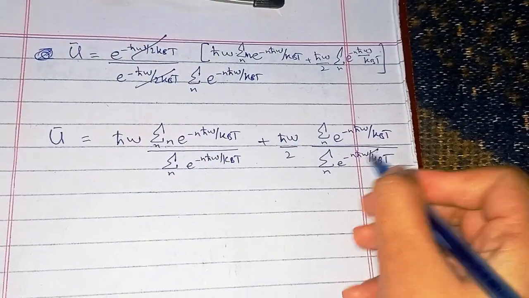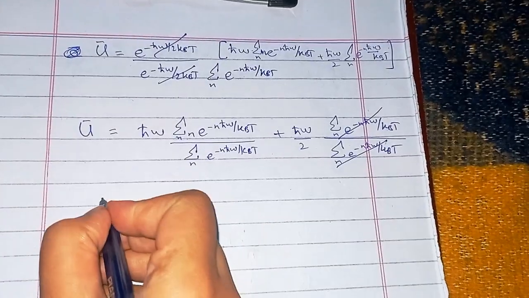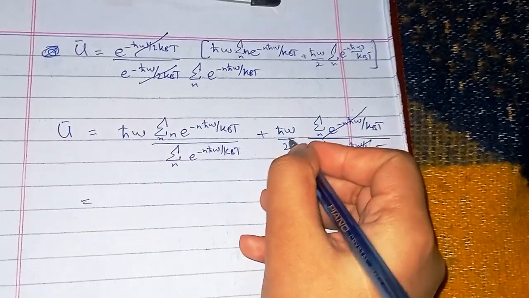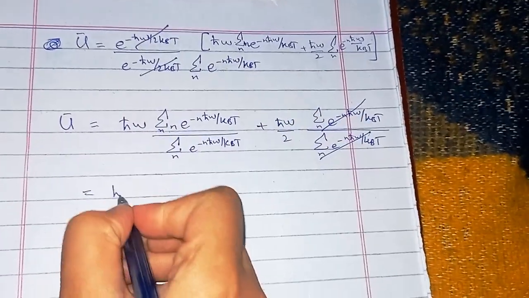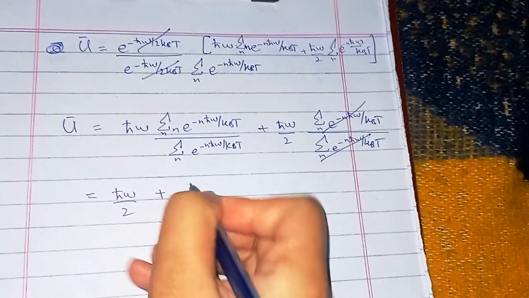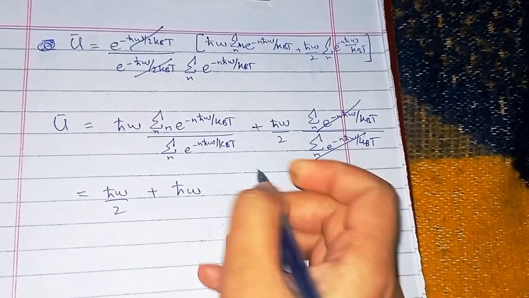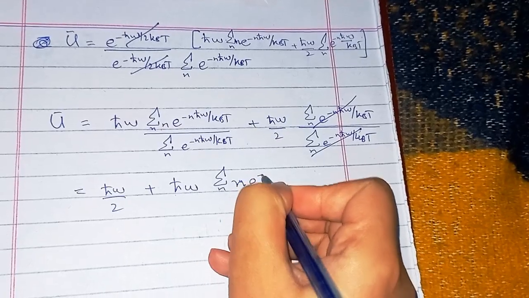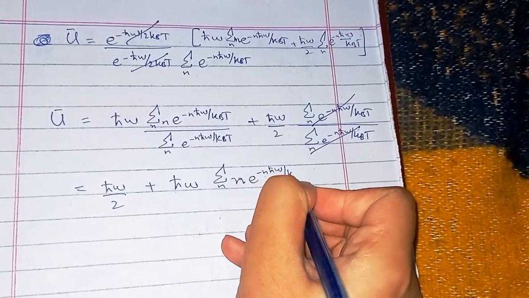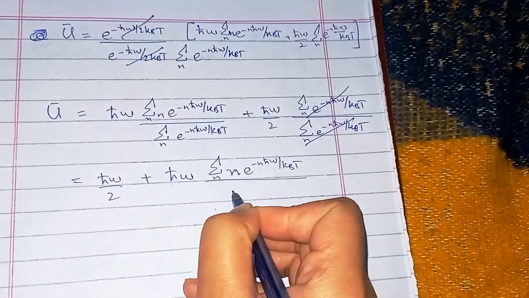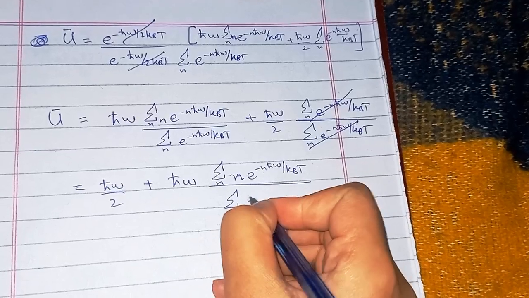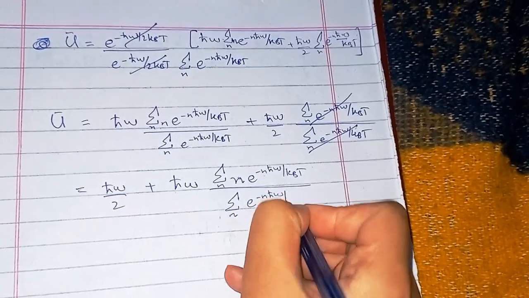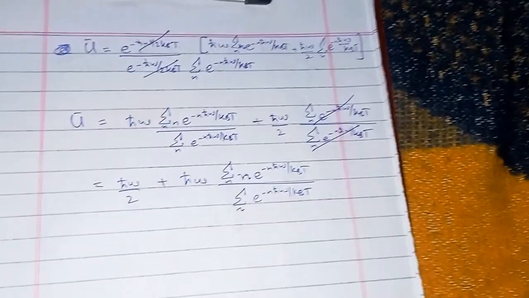Since they are exactly the same, they will be cancelled out, and we'll be left with h cut omega by 2 here, which I'm writing here. And here we have h cut omega into summation n e to the power minus n h cut omega by kBT divided by summation e to the power minus n h cut omega by kBT.